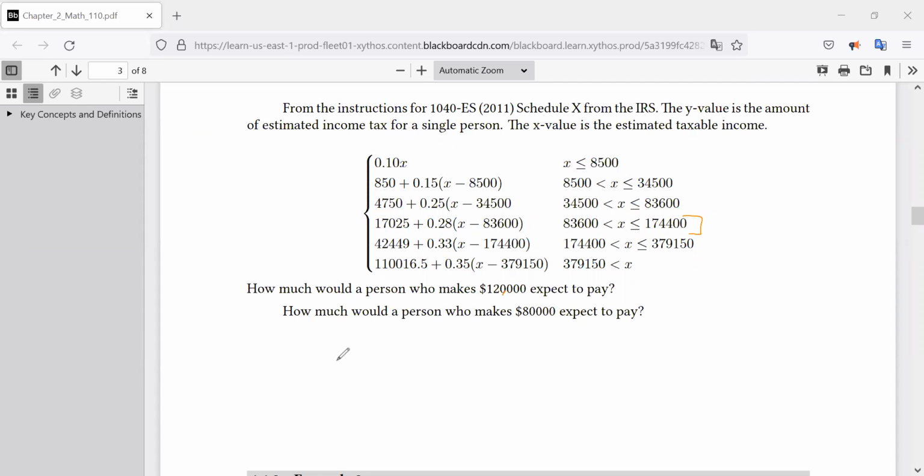And now I use this guy: 17,025 plus 0.28 times x minus 83,600, and x we're going to just plug in as 120,000.